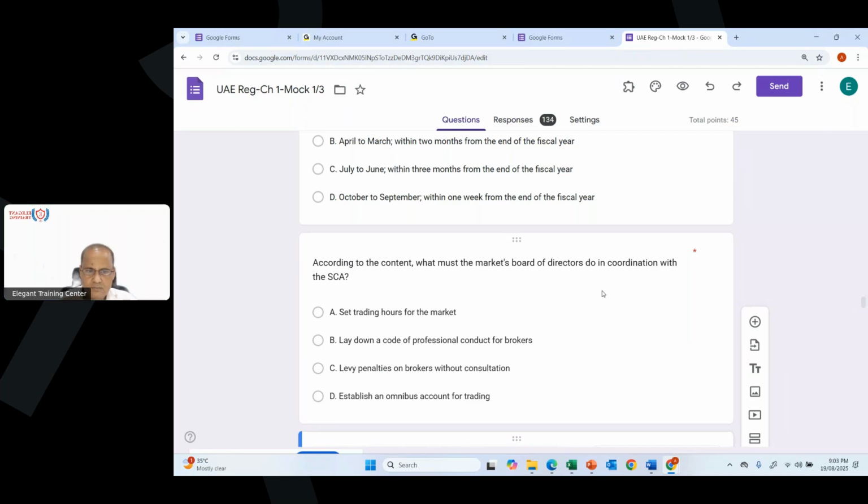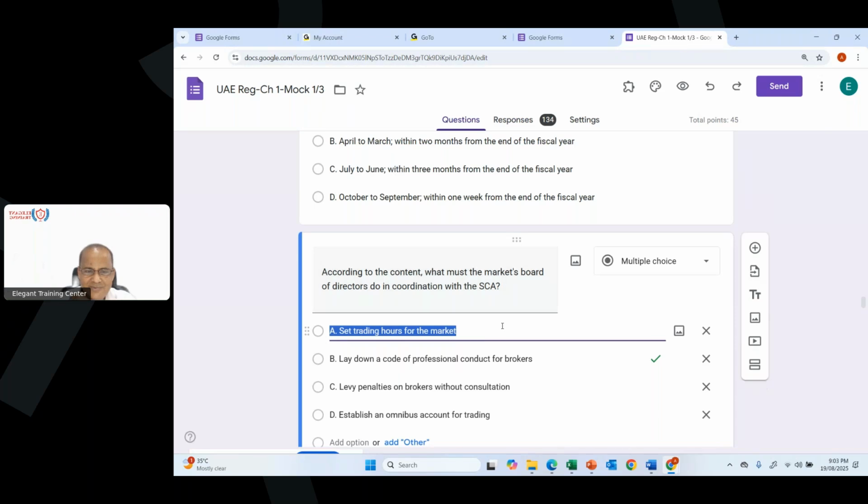But they don't sit with the SCA. They just inform SCA. See, the trading rules are not set by the SCA. The market is not consulting SCA. The market is intimating to SCA, because for trading time and days, the market knows better.